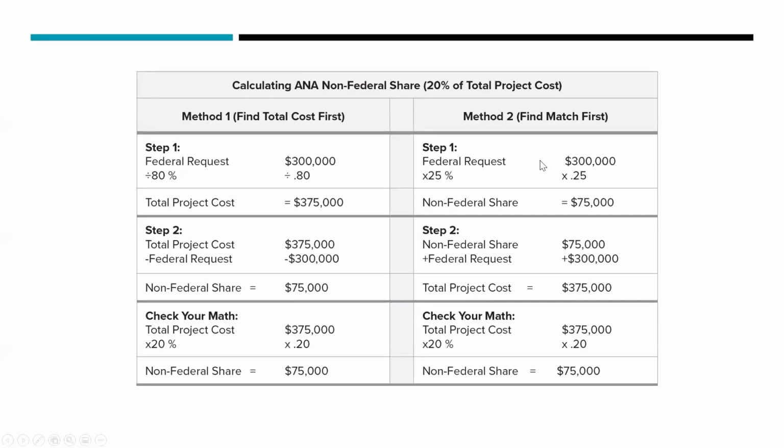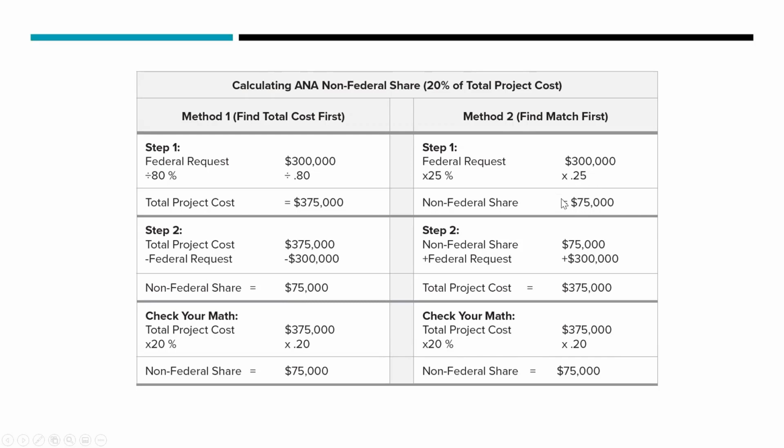This is really convenient if you're just starting out your budget draft and you have figured out your total federal request that you want. So you have that first column completed, say it is $300,000. And now you have to ask, what is the non-federal share that I have to provide? You would take that federal request, multiply it by 0.25, and you get $75,000.